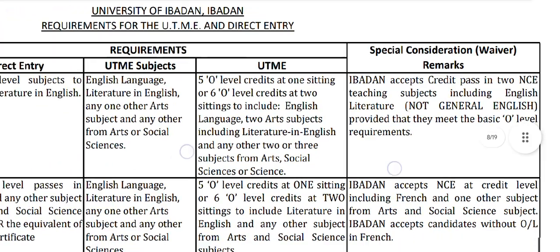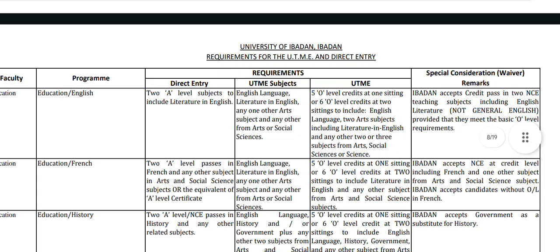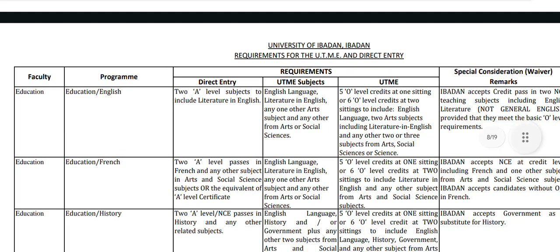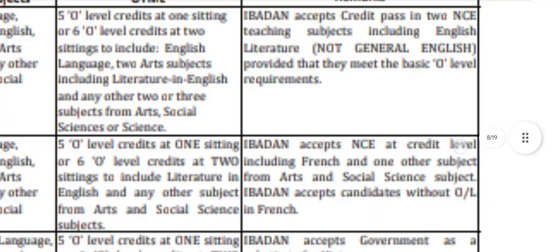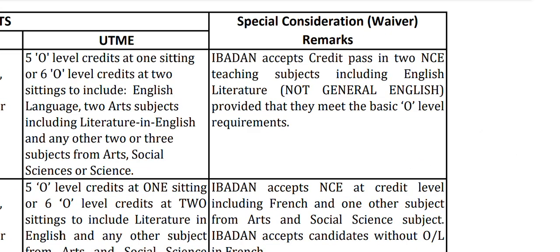So if you are applying to the Faculty of Education, in the department of, let's say, English education, now as an NCE graduate, you should know that you must have two combined subjects, which include English literature and not general English, not GES or GSC or GST.